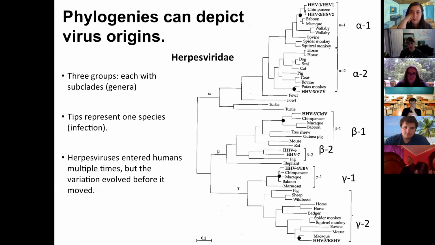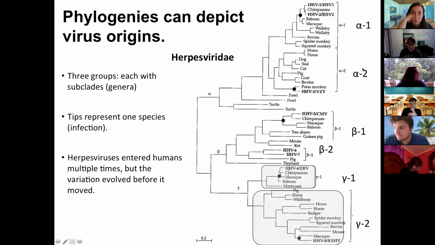And if you get the viruses from all of these animals, what you see in every case is something like this: if you look down where it says gamma 1 on the side, you see that HHV4, the human herpes virus, is sister to something within primates, and that repeats itself throughout the tree most of the time.